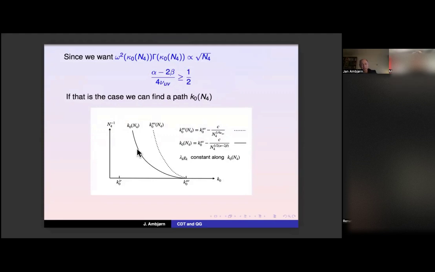But for a given N4, we can never go beyond this, because this is the maximum value that we can obtain for these couplings. So this is basically the requirement for having an ultraviolet fixed point.